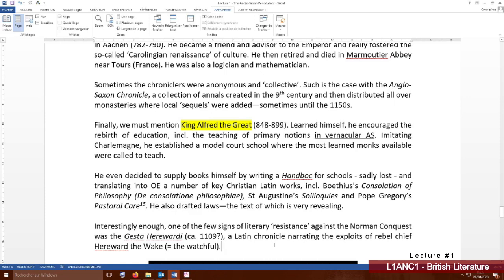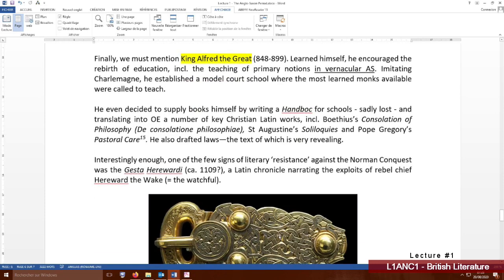The most famous one is the story of Hereward the Wake, the Gesta Herewardii, a Latin chronicle, telling you about a rebel chief fighting the Romans. But basically, after 1066, Old English went into abeyance. It was put on the back burner. I'll explain that in our next lecture.